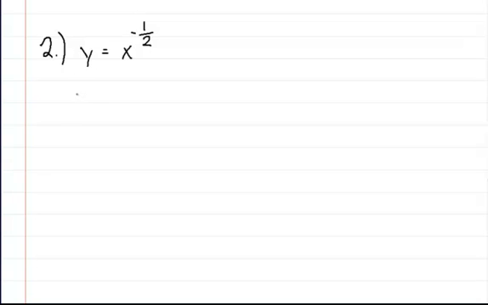Now you could write this a couple different ways. You can say the derivative, or dy dx, so the derivative of y with respect to x. And then over here, the first thing you do when you're dealing with exponents is you bring down the exponent, so we're going to have a negative 1/2 times x to the negative 1/2, and remember, you have to subtract 1 from up top, so minus 1.